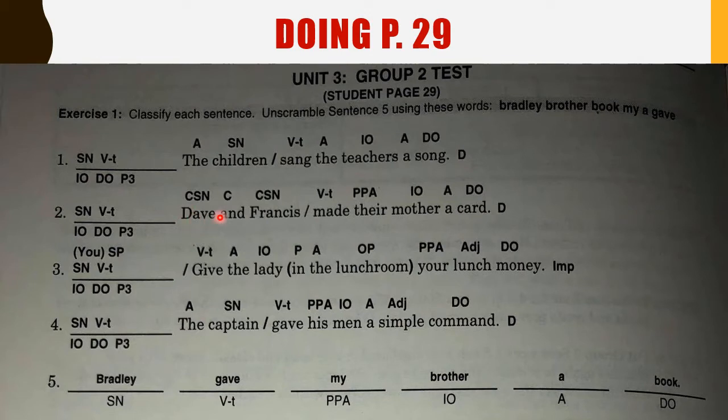So this is CSN, conjunction, CSN, compound subject noun. Made is verb transitive, obviously, because it's the action of the sentence. There is possessive pronoun. Mother is indirect object, while card is the direct object.